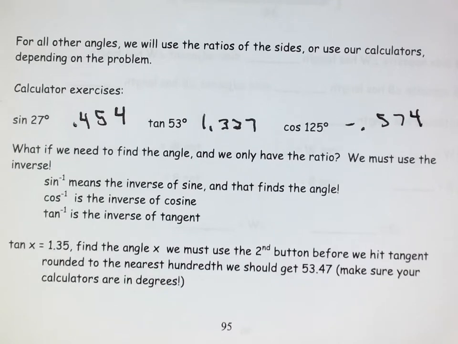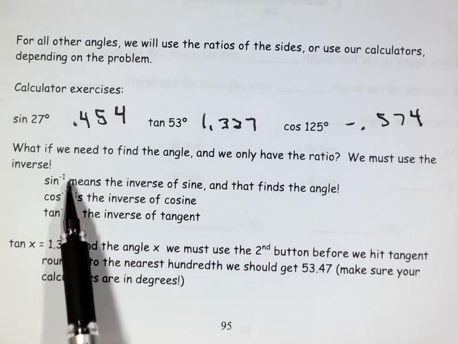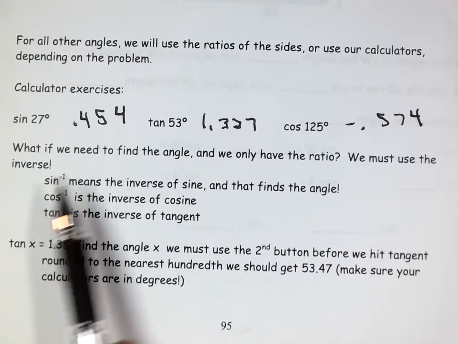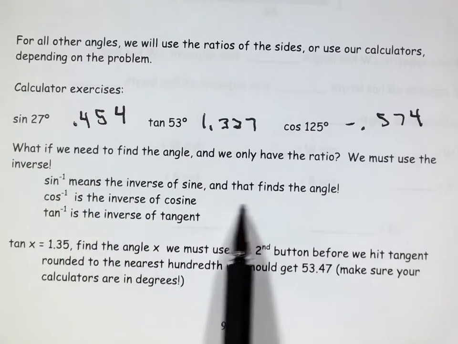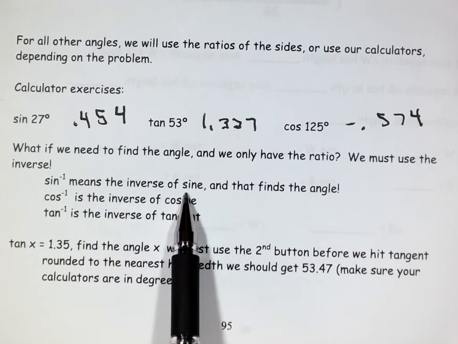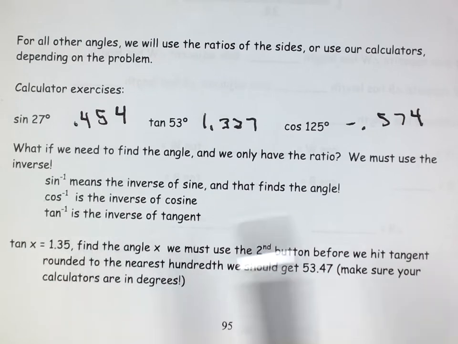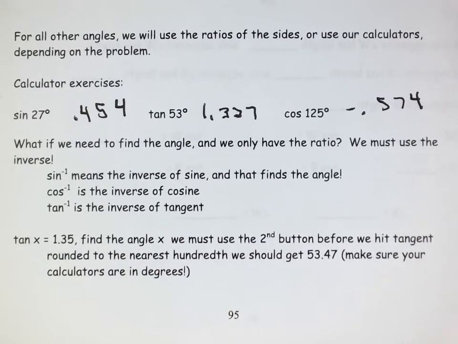So if we already know the angle, all we have to do is hit the trig function and plug in that angle. If we don't know the angle, then we have to go and do the inverse. So this sine to the -1 doesn't mean reciprocal. It means the inverse of sine. Same with cosine and tangent. So if tangent is 1.35, we want to find the angle.